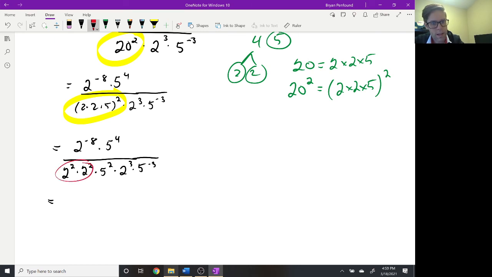So the last step in the denominator is just to take a look at your 2's, take a look at your 5's, and combine all of those powers together using addition. So I'm going to combine all of my 2's together. I have 2 plus 2 plus 3. And the 5's, we have a 2 plus negative 3.